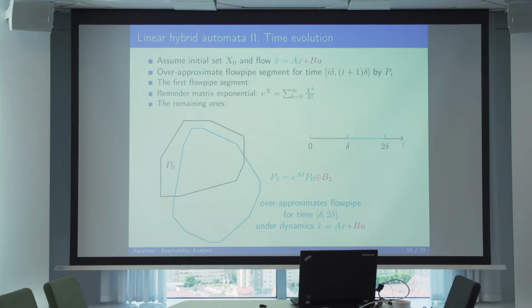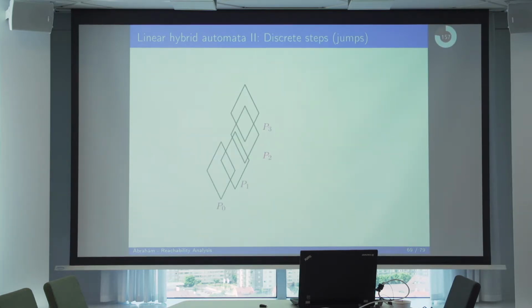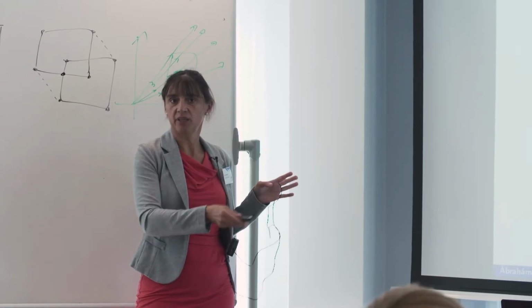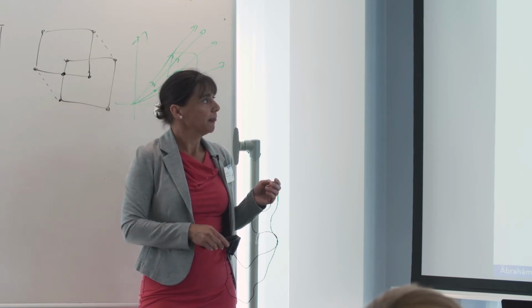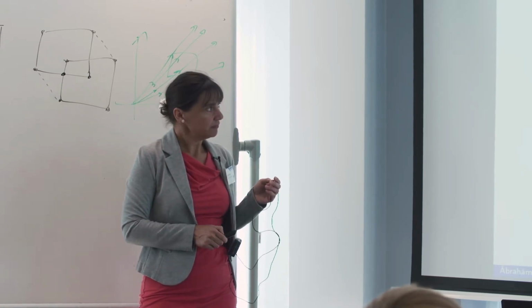So this is how this flow pipe construction-based method works. And the flow pipe is a sequence of these sets. And then for the guards, the intersection is the same as before. So the second step is the same as for the class before. We intersect those.